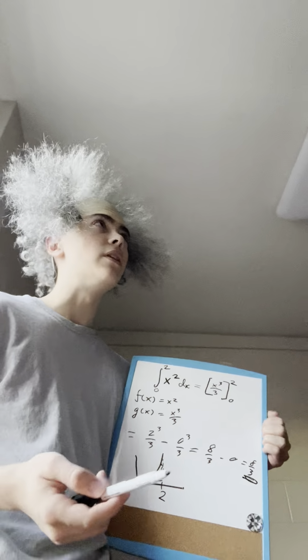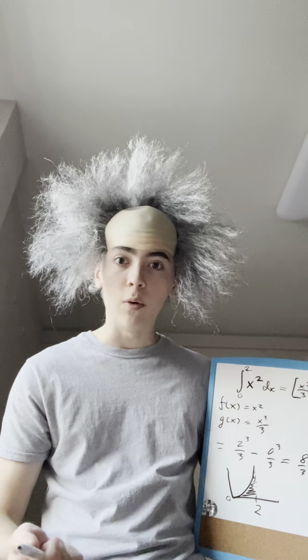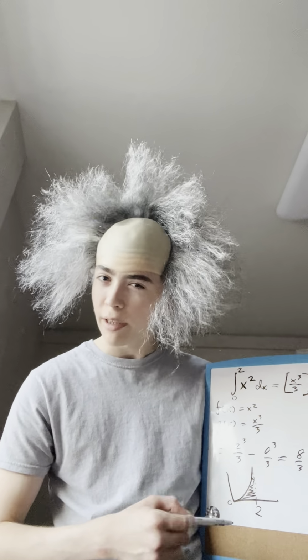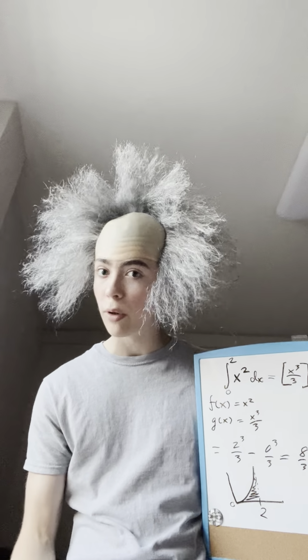Our antiderivatives, the area, is going to be opposite to a derivative, a slope. If we want to find a change in a function, we can look at an accumulation of area. And if we want to find an accumulation of area of a function, we can look at that function's antiderivative's change. Much how if we want to find a slope of a function, we could take a derivative.